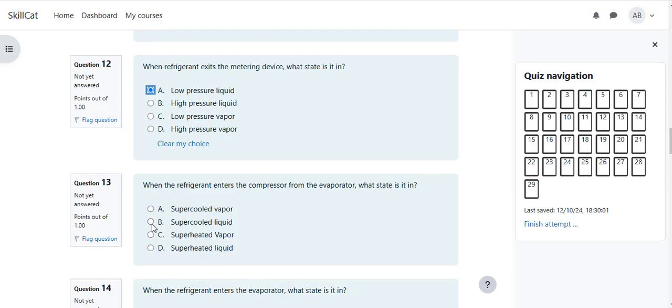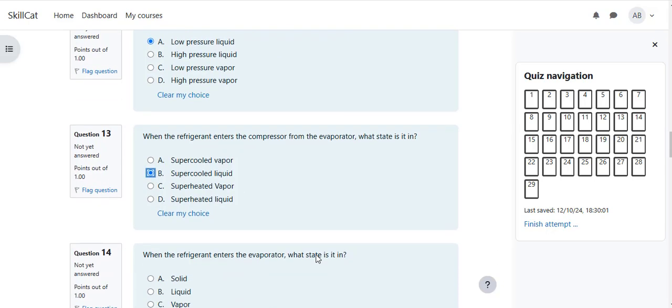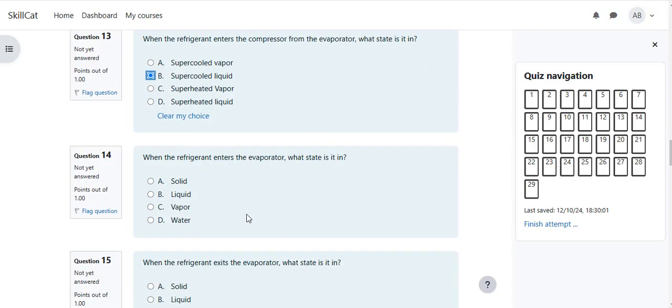When refrigerant enters the compressor, it will be liquid, super cooled. Liquid, but in low pressure. When the refrigerant enters the evaporator, what is the state?